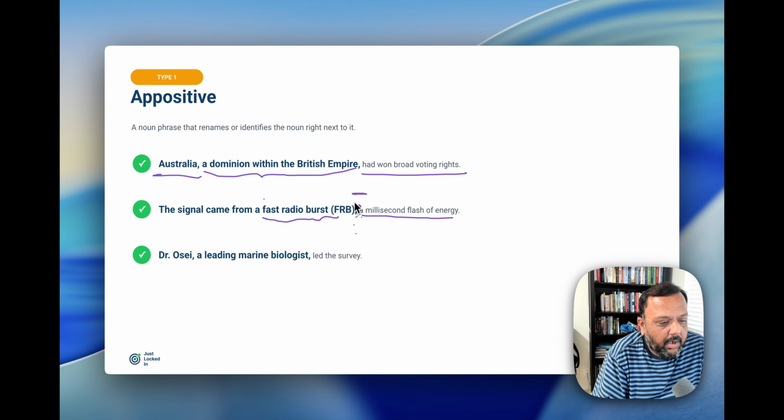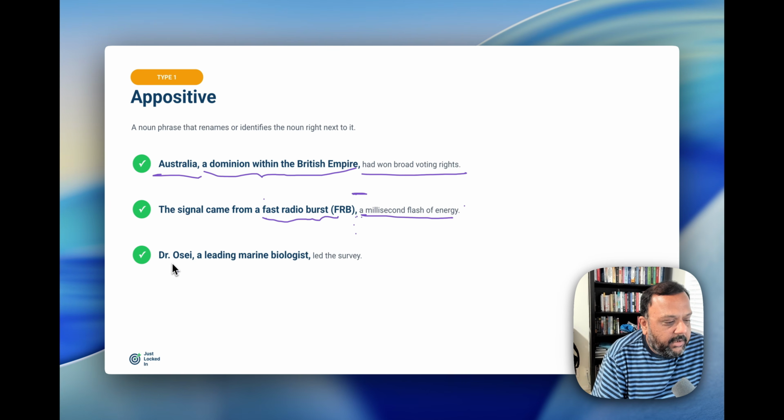However, if you use a colon or a dash, then whatever follows must describe or explain this sentence completely, or pertain to the idea expressed in the sentence. Here, whatever follows strictly defines what a fast radio burst is, and that is not the objective of the sentence. The objective is to convey the idea that the signal came from a fast radio burst. So a colon or a dash may not be the right use. A comma is the right punctuation here.